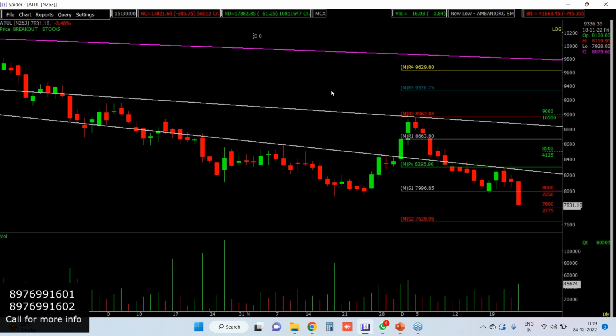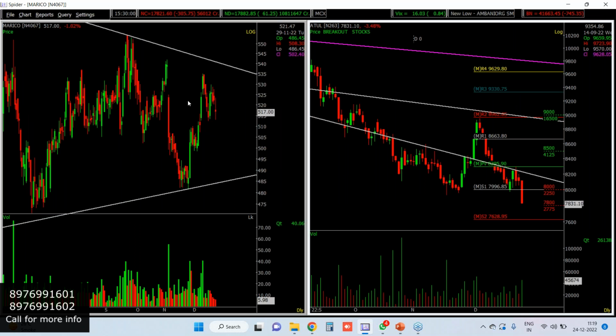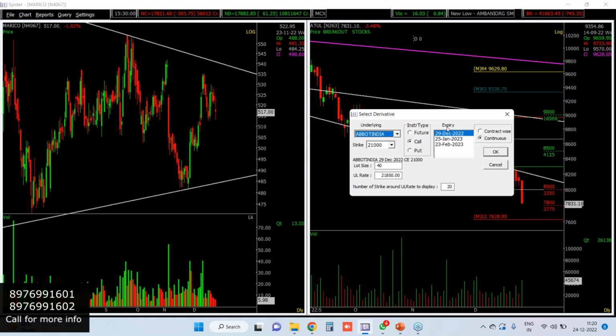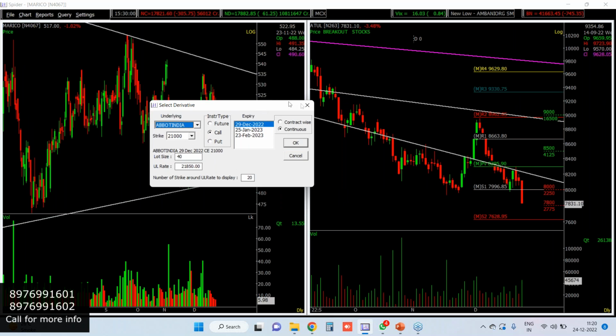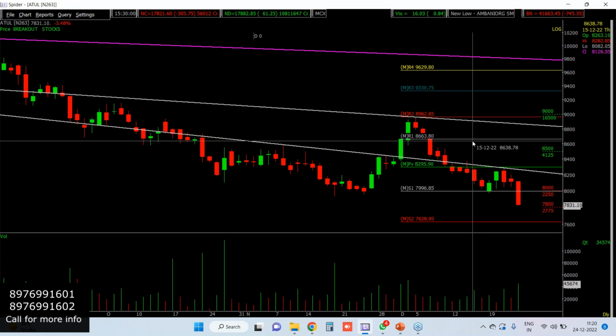For example, I'll open another chart here. For the same, you have to press F and select the contract. And one more thing, we will be going only for the in the money options. If this was your trading level, we will go for the call options below the level of 8,600.